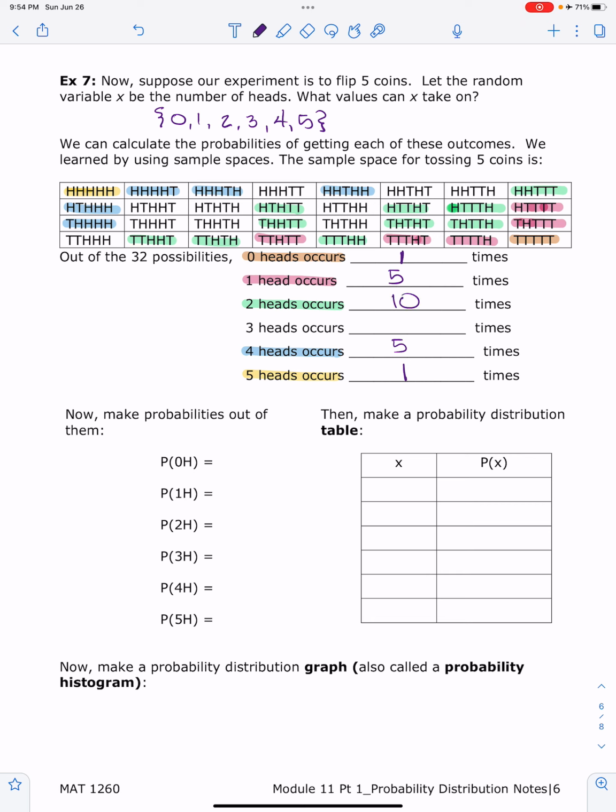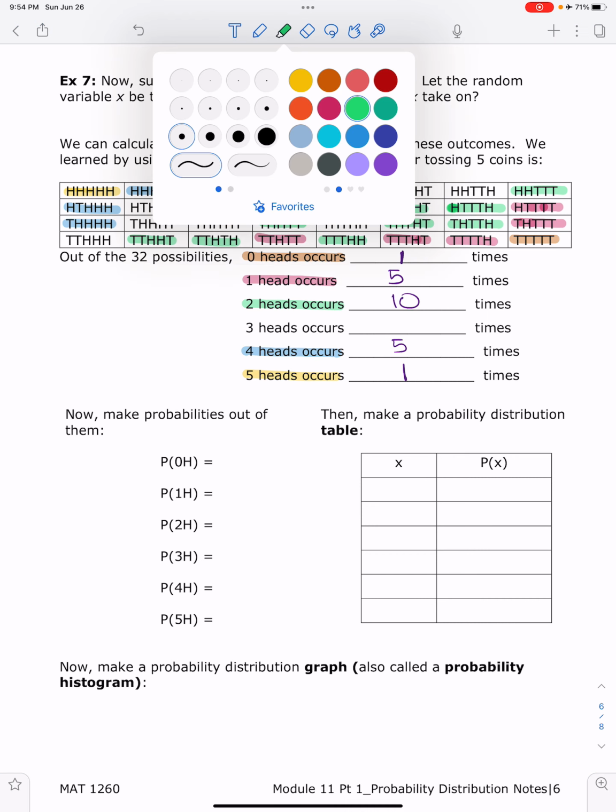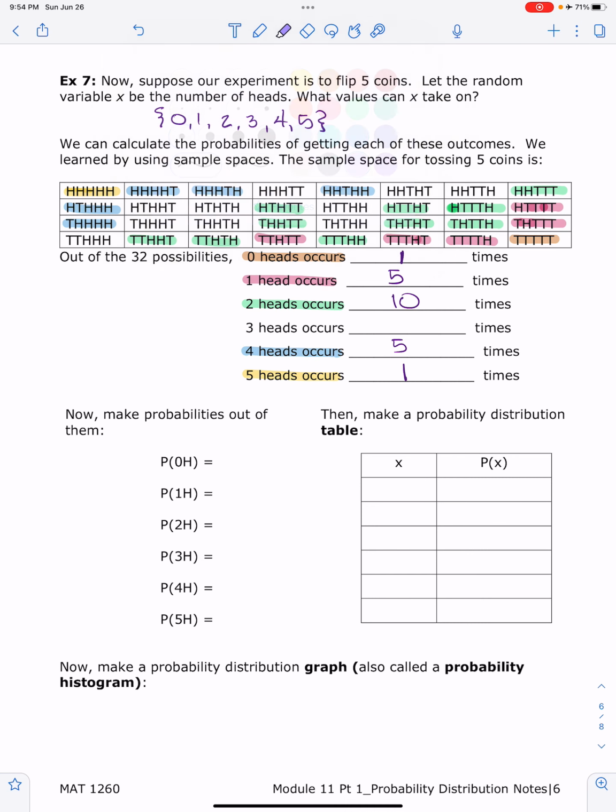Because this is symmetric, there should also be 10 ways to get 2 tails, which would be our 3 heads. So let's see, 3 heads, there's 2, there's 3, 4, 5, 6, 7, 8, 9, 10.